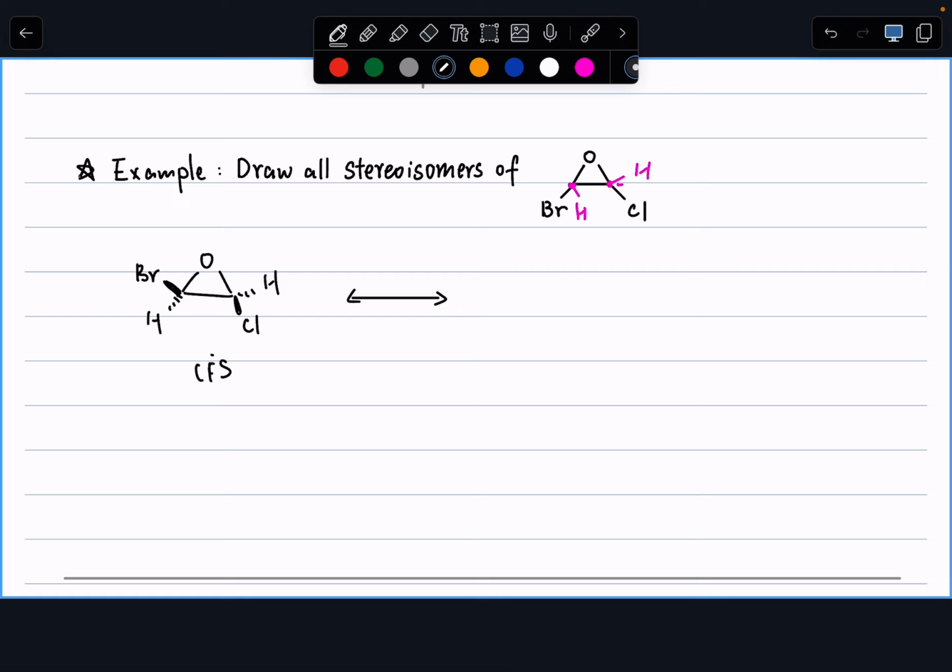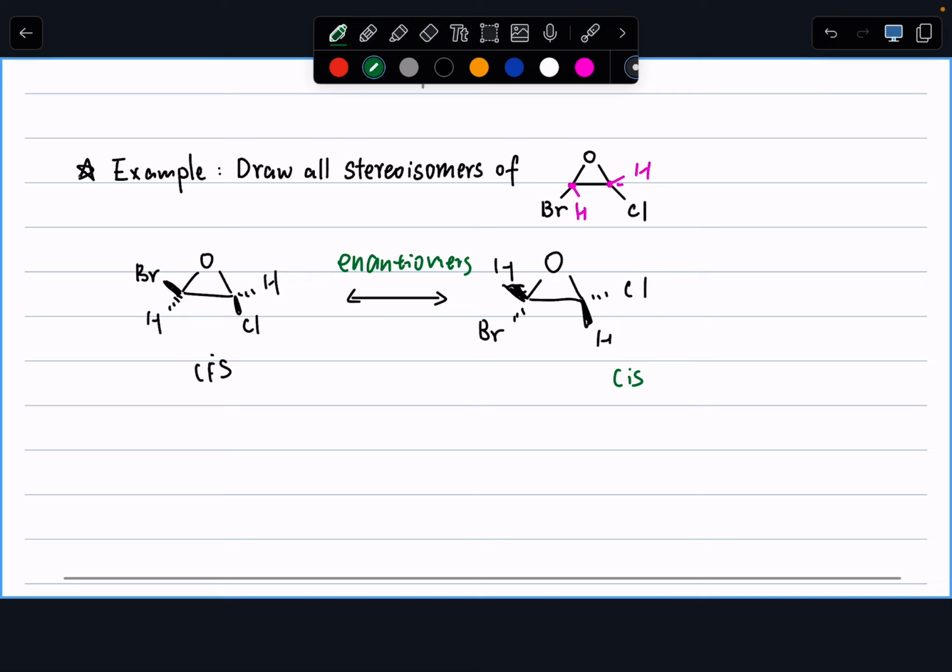Alternatively, if you're doing a mirror flip of the molecule, you can get a joint where your hydrogen is wedged out, your bromine is dashed, and your chlorine is dashed with your hydrogen being wedged out. So these two will be your enantiomers. And in both cases, the hydrogens are cis.